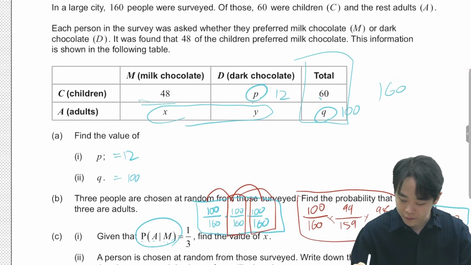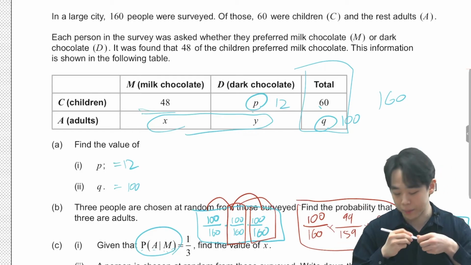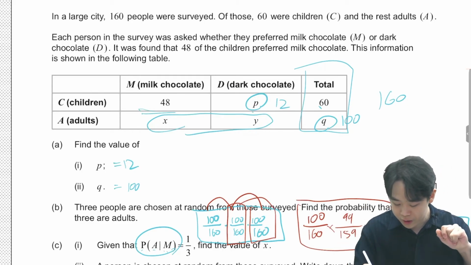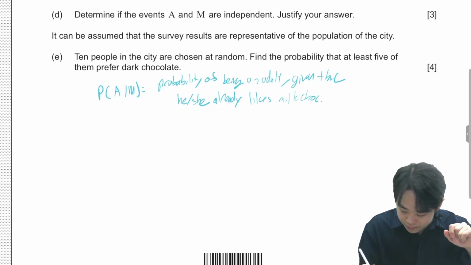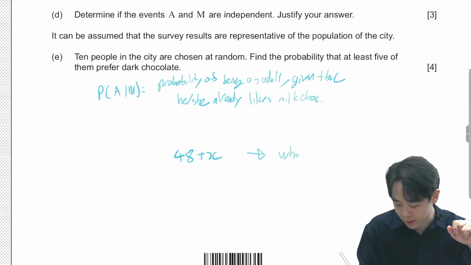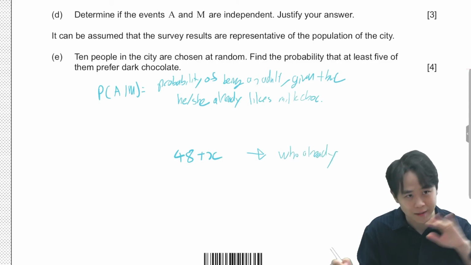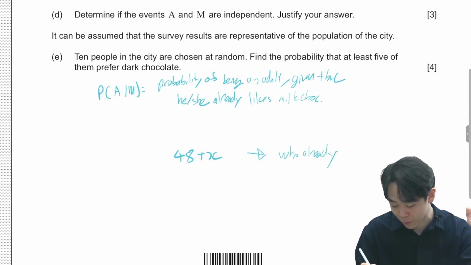Right, so instead of the full 160 of our sample, we're limiting our search to 48 plus X. So out of the possible 48 plus X people who already like milk chocolate, we don't need to look at the full 160. We only look at the 48 plus X people who like milk chocolate.